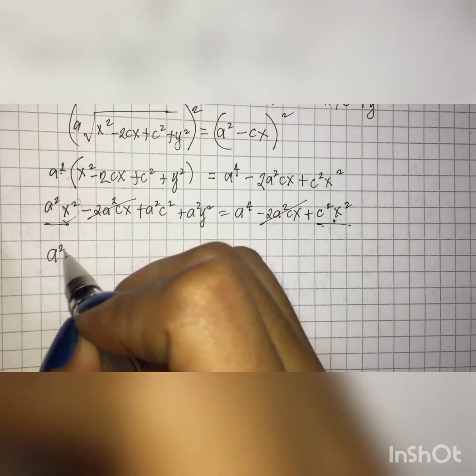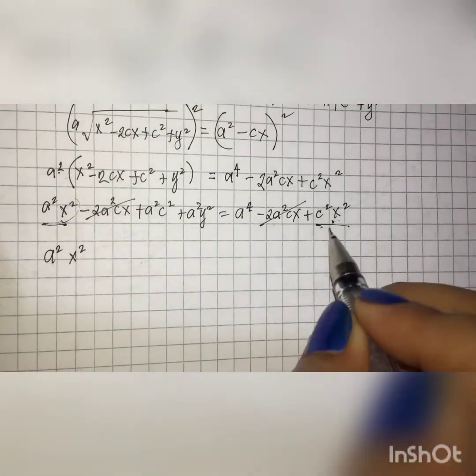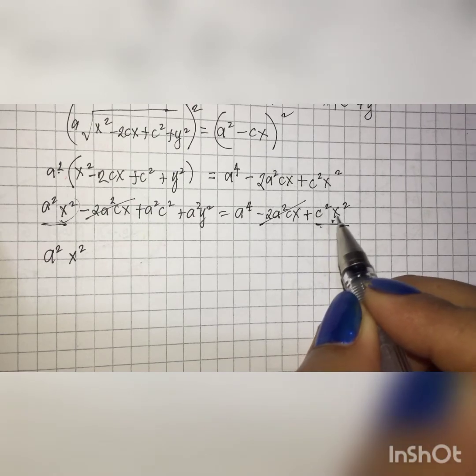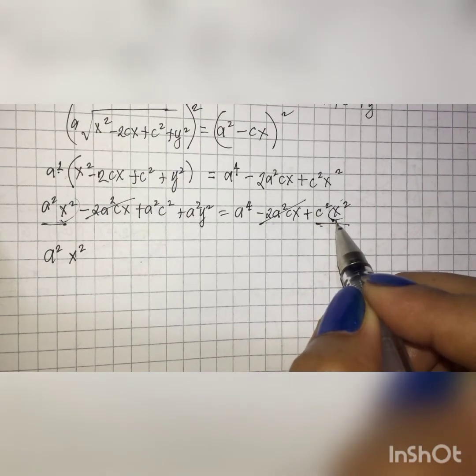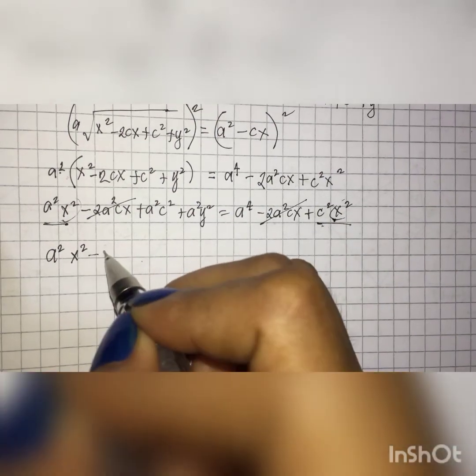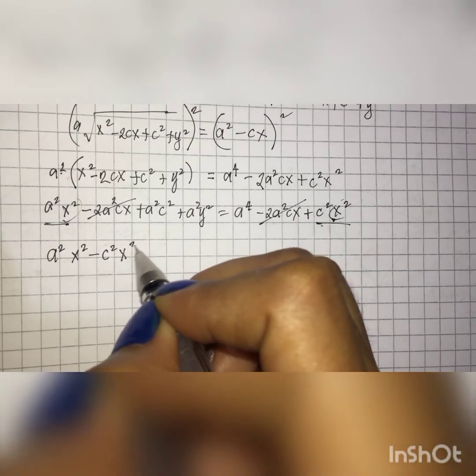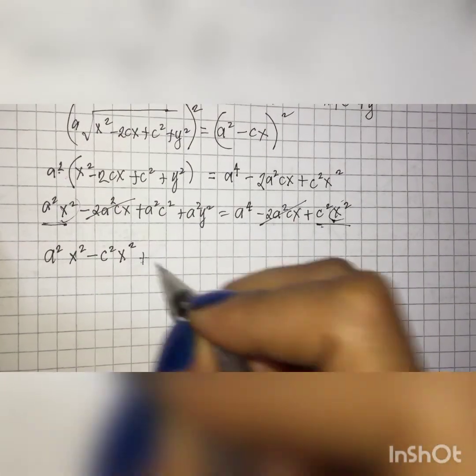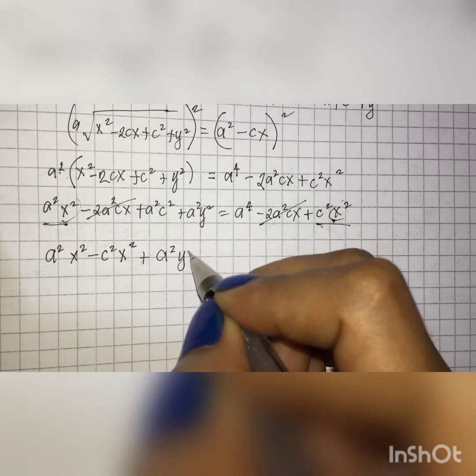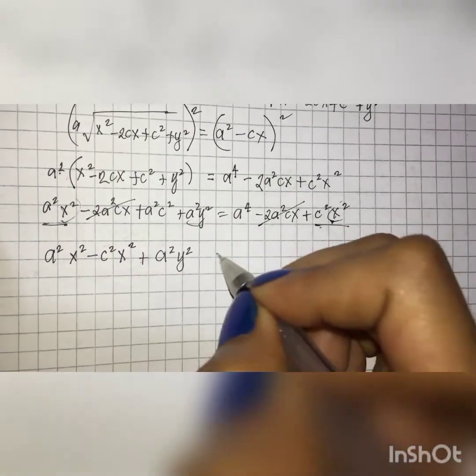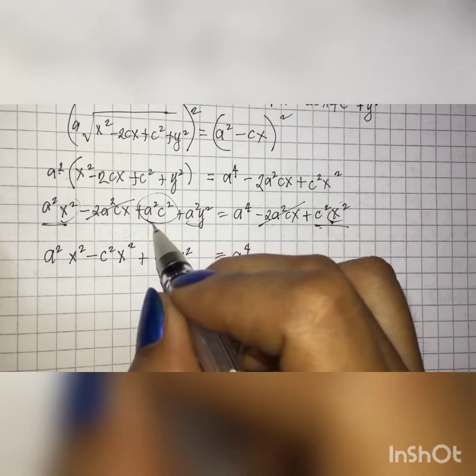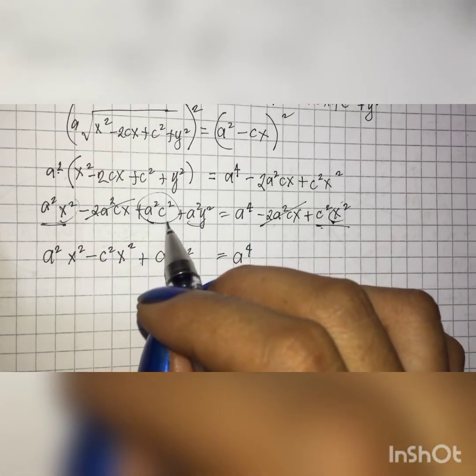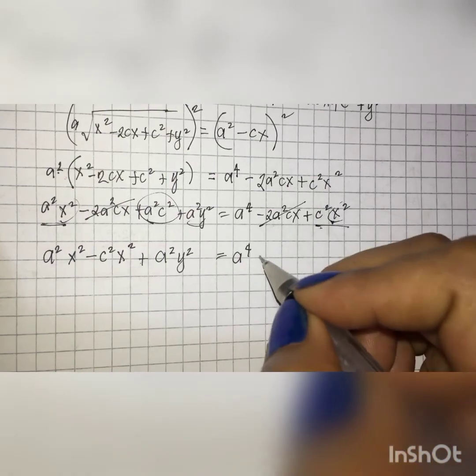We have a squared x squared minus c squared x squared, since they have a common factor, which is x squared, plus a squared y squared, which is equal to a raised to the power of 4. And then let us transpose this a squared c squared to the other side.